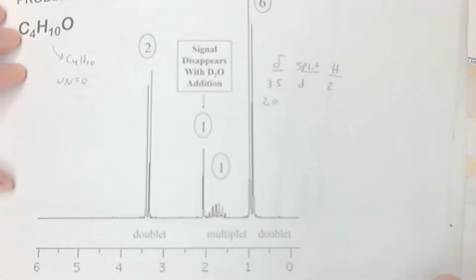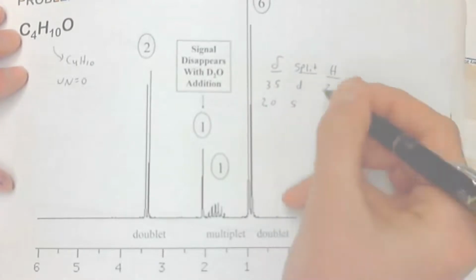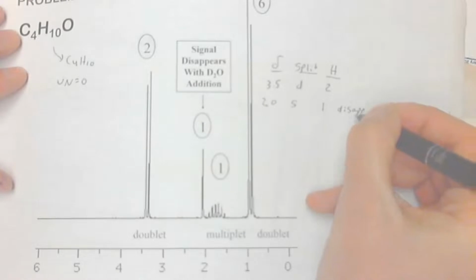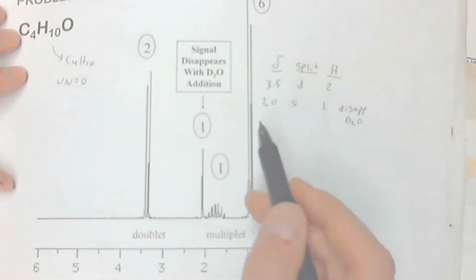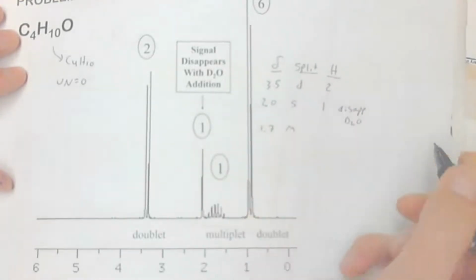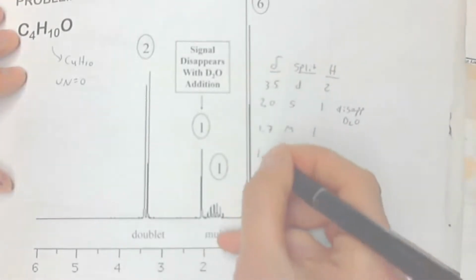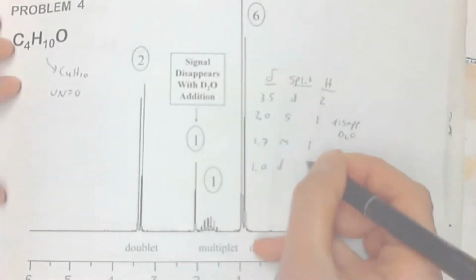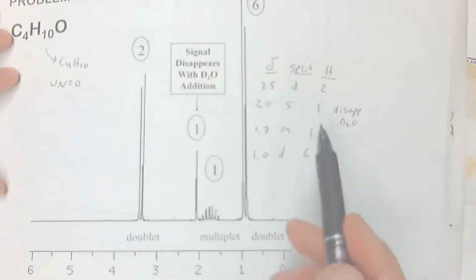Uh-oh. But for now, I am going to write singlet and 1, and I'm just going to say disappears with D2O. Of course, that means something, but we'll get back to it. We have a multiplet at 1.7, which is a single hydrogen. And then at 1.0, a doublet of 6. Is that the table? You think that's the table? Right?